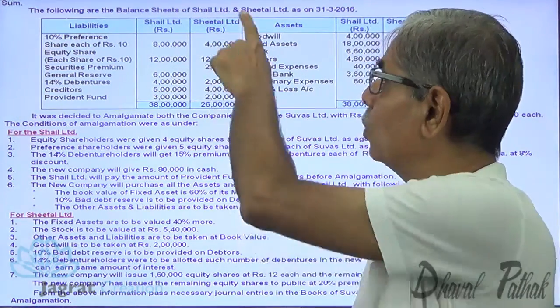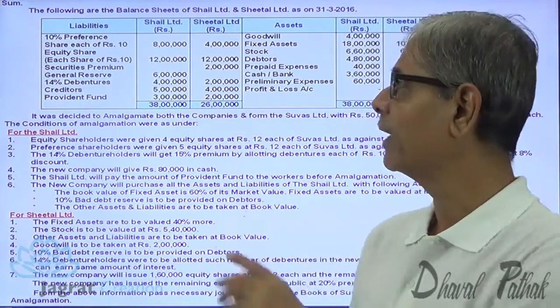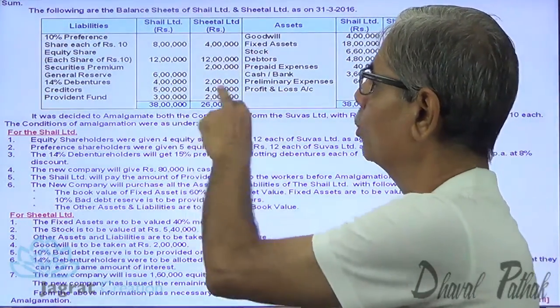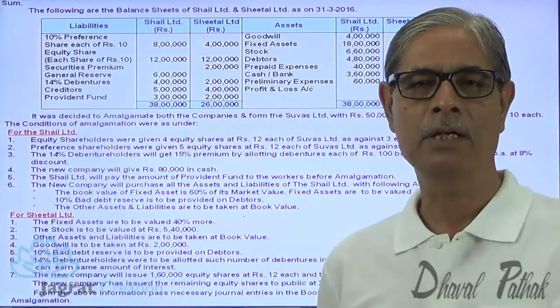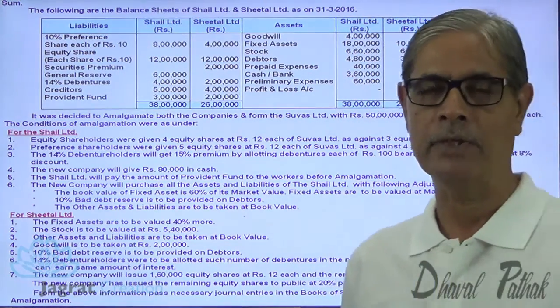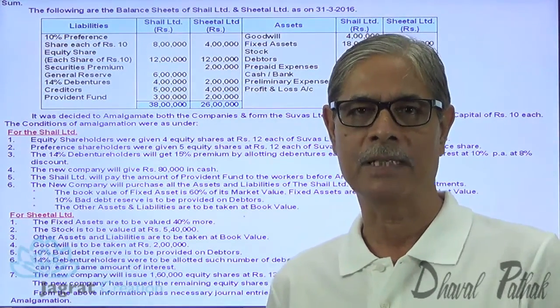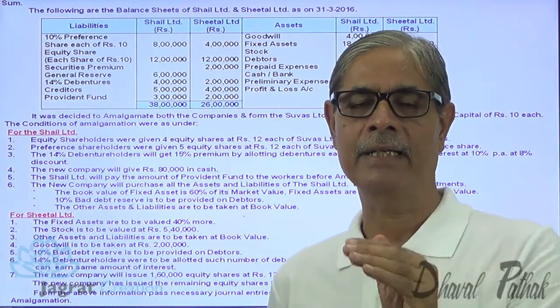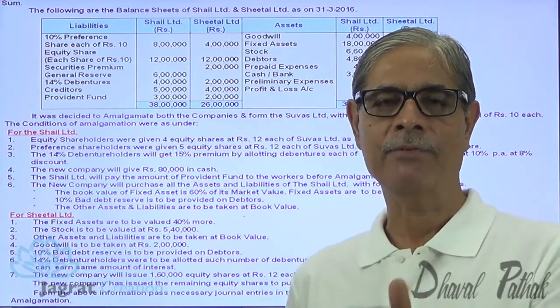Now these debenture holders of Sheetal Ltd should get interest of 28,000, 14 twos are 28,000, at the rate of 10% after amalgamation. So we shall work out the number of debentures to be issued, on which interest is given at the rate of 10%, so that the interest income of the debenture holders of the vendor company remains the same after amalgamation.